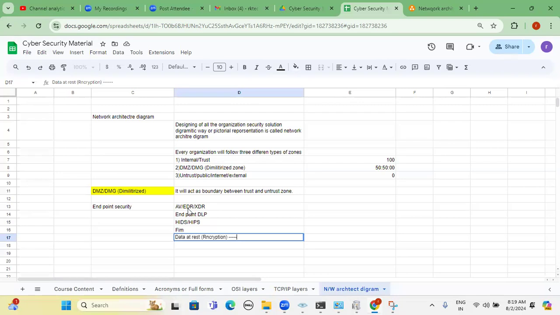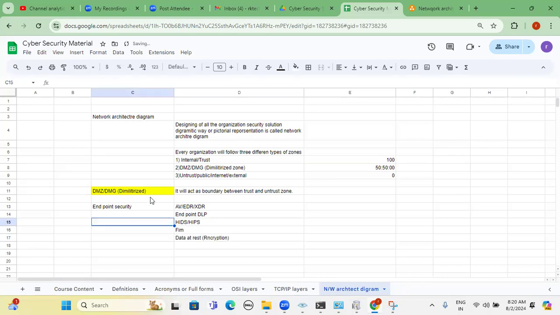If physical theft or physical damage happens, we have to implement security solutions to make sure that whatever encryption we are doing, like providing a key or password, protects the data. For example, BitLocker or Trend Micro or Symantec or McAfee. These are a couple of solutions. We can make sure that whatever data we are storing on the D drive or C drive or E drive, as part of our endpoint system, is protected. In a similar way, server side disks we have to encrypt. In a similar way, database side data we also have to encrypt. That is the database encryption part. So those things will fall under the data at rest encryption side. These things we have to consider as endpoint side, and data in transit we will keep under the networking side.